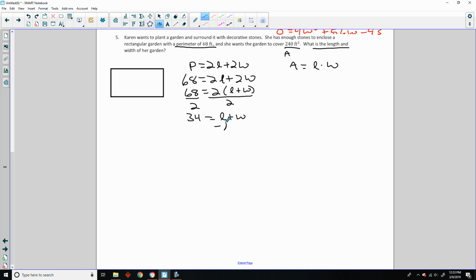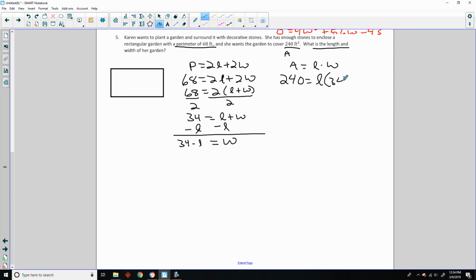I will just subtract L. So this would cancel, and I'm left with W equals 34 minus L. And she wants the garden to cover 240 square feet. So area is 240. And length, we don't know, so I'm going to just leave that L. But now W is 34 minus L.